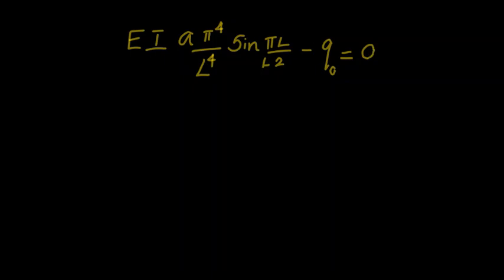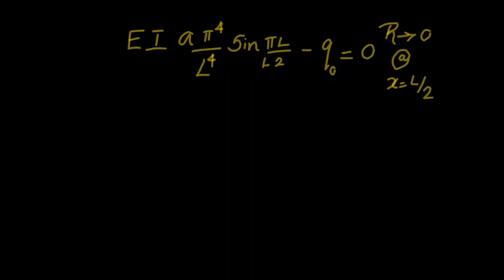So I am making the value of residual 0 at x is equal to L over 2. Remember, residual is analogous to error. You have to burn that into your brain.